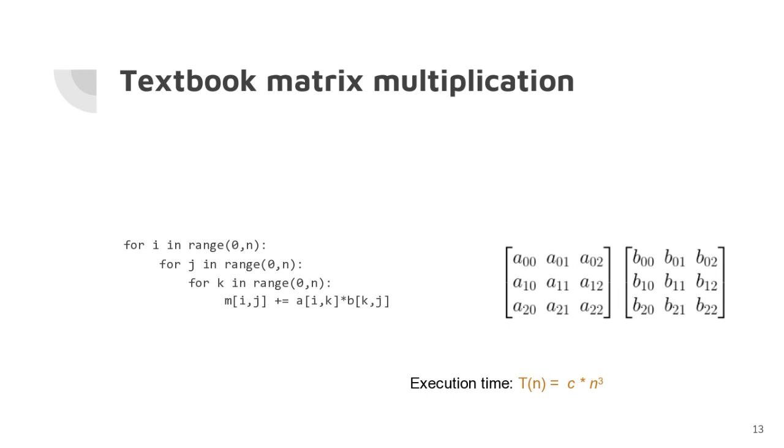The function t is a constant factor needed to do the addition, reference the two values in each matrix and add them together in the output matrix. So that's a constant factor times n to the third power. So if you have matrices consisting of billions of elements, which you sometimes have in machine learning, it will take quite some time to finish.